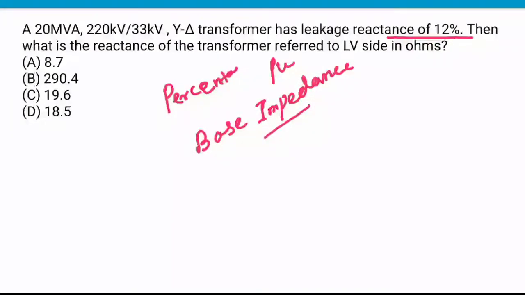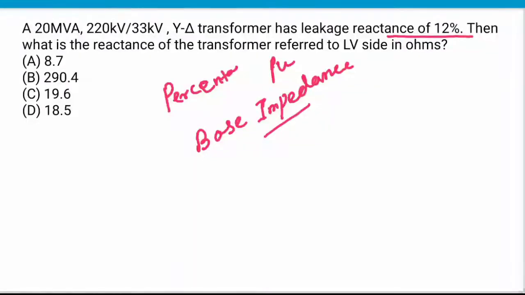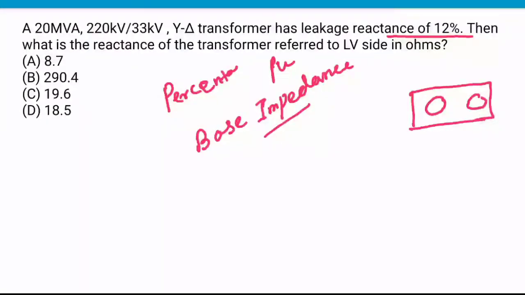And this base impedance is always for both primary and secondary, and we can say that this is for the transformer because the primary side will be referred to the secondary side and both primary and secondary will be considered for this percentage or per unit impedance. So here given is percentage reactance and asking for the LV side reactance actual value. So now we will find out the base value or the reference value.